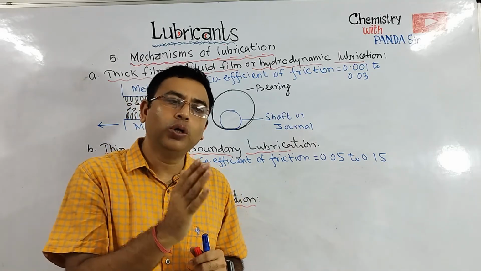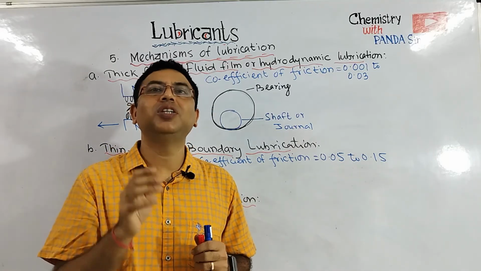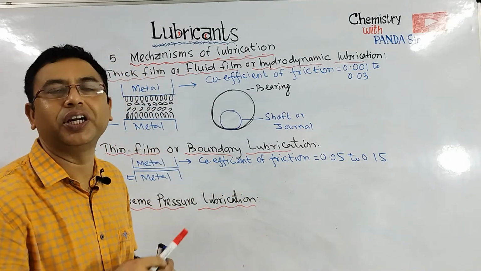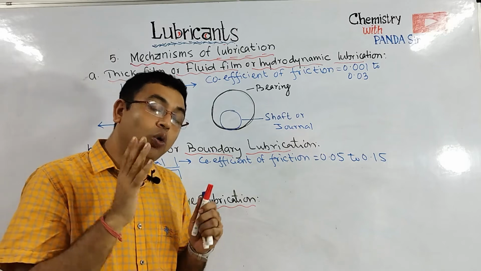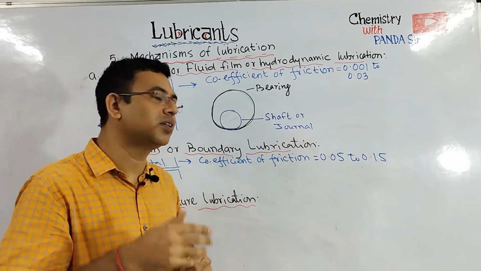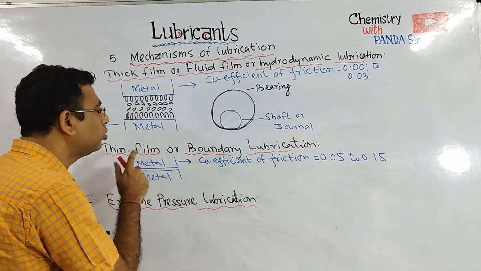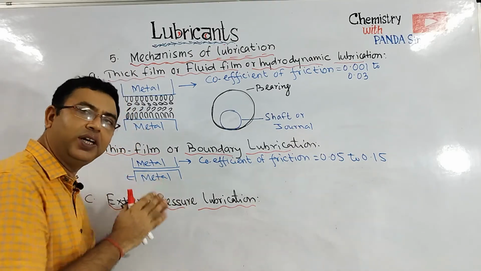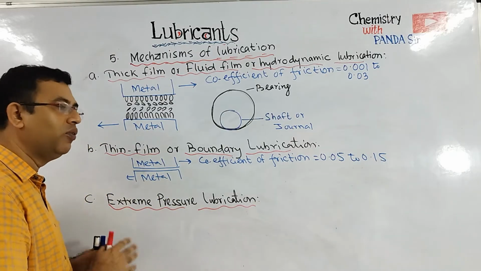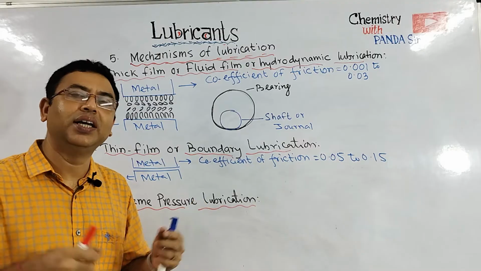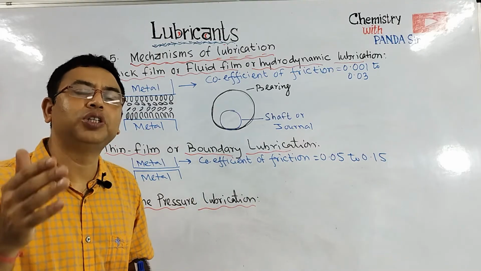Now the first question that should come to our mind is why we need three different types of mechanism. This depends purely on the situation where we are going to use it. If the load is less and the speed is moderate, then we can think about the thick film lubrication mechanism. If the load is very high but the speed is less, like rollers and tractors, we can think about the thin film lubrication mechanism. But think of a very vigorous condition where the load is very high and the speed is also very high, like a stone crushing machine.